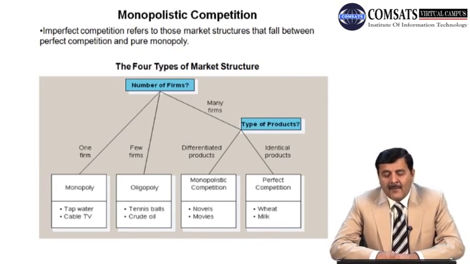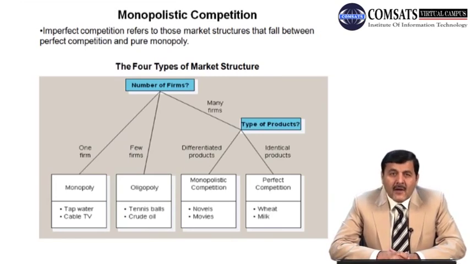So in case of both market structures, there are many firms. In case of perfect competition, there are many firms which are producing and supplying the product in the market. And similarly, in case of monopolistic competition, there are also many firms in the industry. Now, how can we differentiate between these 2 market structures? That is on the basis of type of the product.